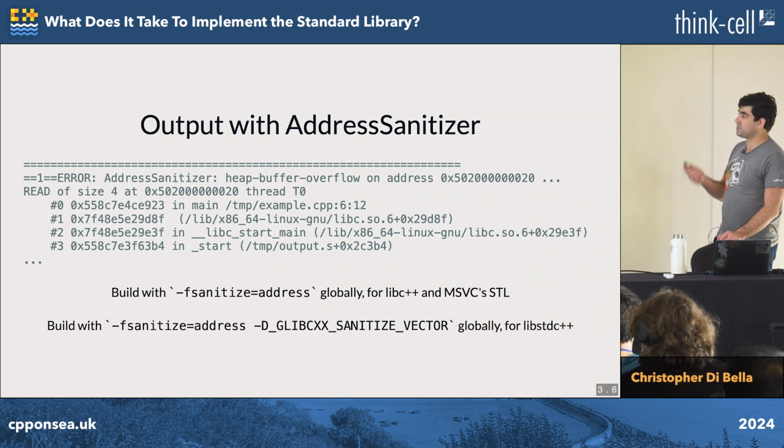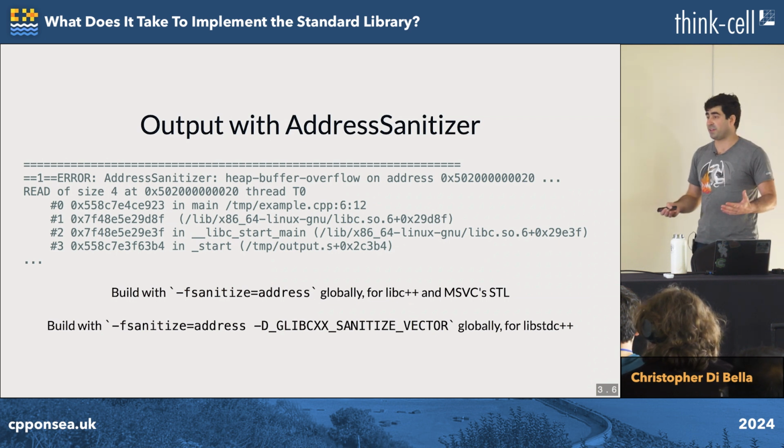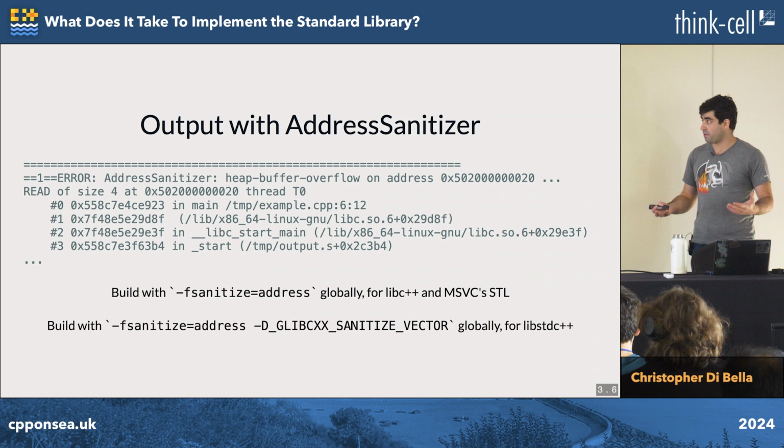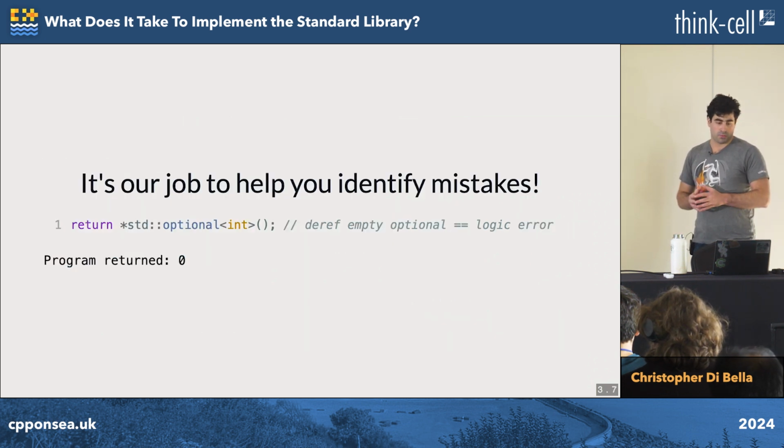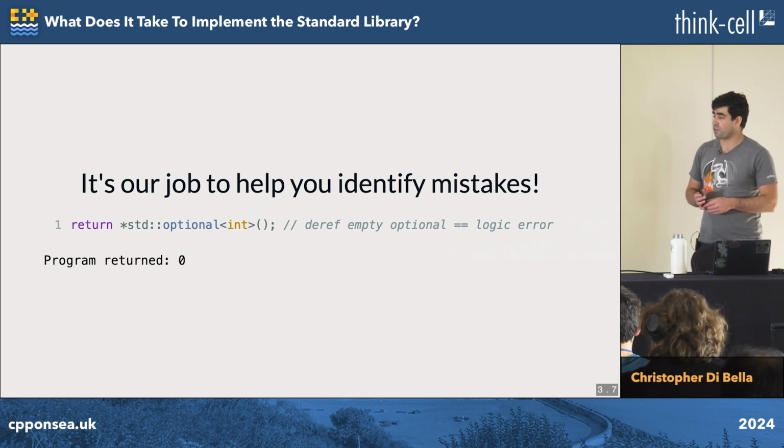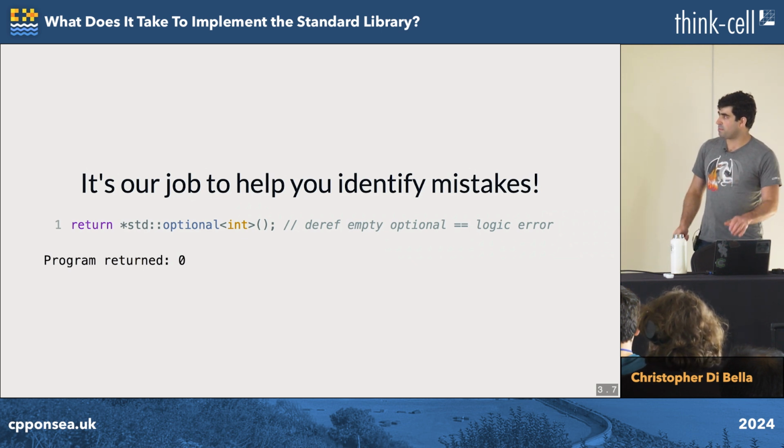Address sanitizer helps us with things like vector and memory-related things, provided we know how to talk with it. But it doesn't capture a problem like dereferencing an empty optional. That's just not something that address sanitizer knows how to help with. And you could say, well, aren't there other sanitizers that might be able to catch this? And that may be the case. I'm not 100% sure if there are. But let's pretend for a second that there weren't any that were easily available.